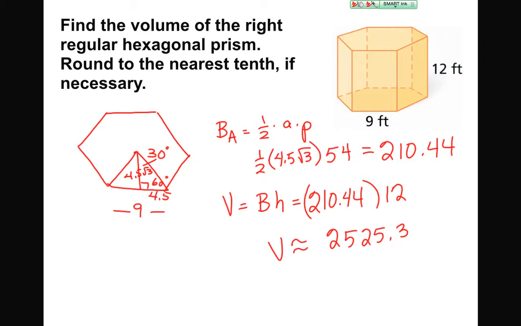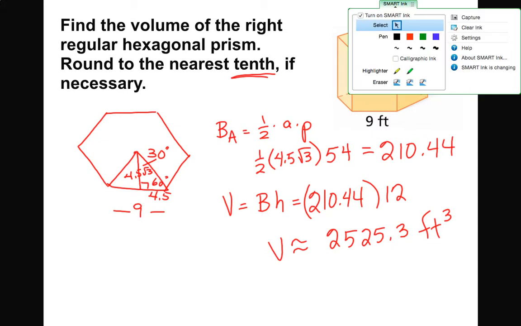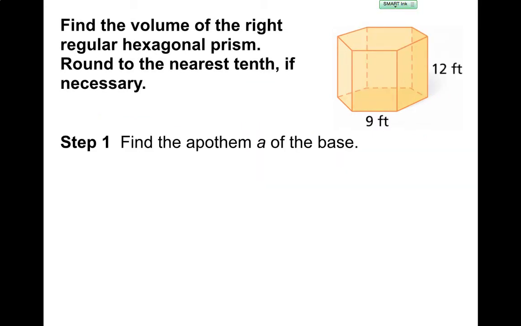You rounded. Well, 0.28, okay, I went to the nearest tenth, like it said. And that would be cubic feet for the units. Give me a thumbs up or down. Okay, so you just have to pay attention to what shape the base is, and that volume is just multiplied by the height.